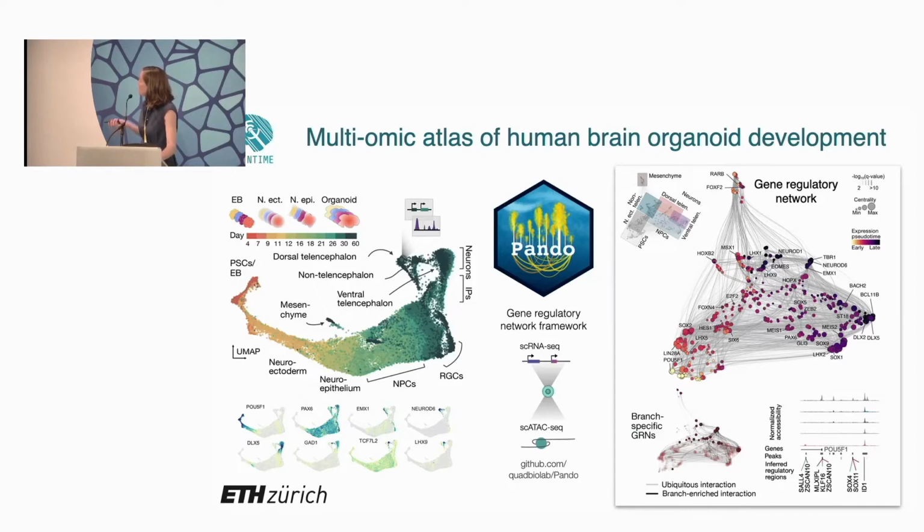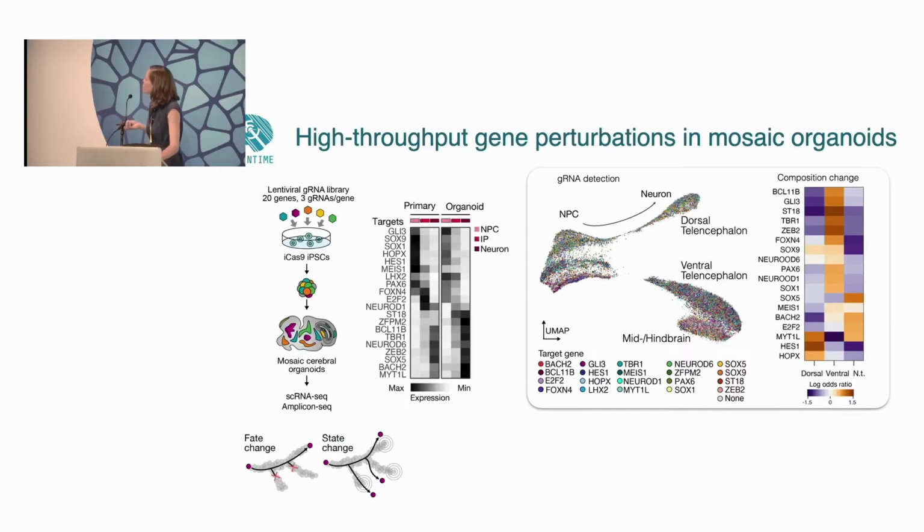And because we can perturb the organoid, we wanted to test the predictability of this network. So what we did is we used a mosaic perturbation approach, CROP-seq, in these organoids to knock out, in this case, 20 transcription factors that have an interesting expression pattern across cortex development.